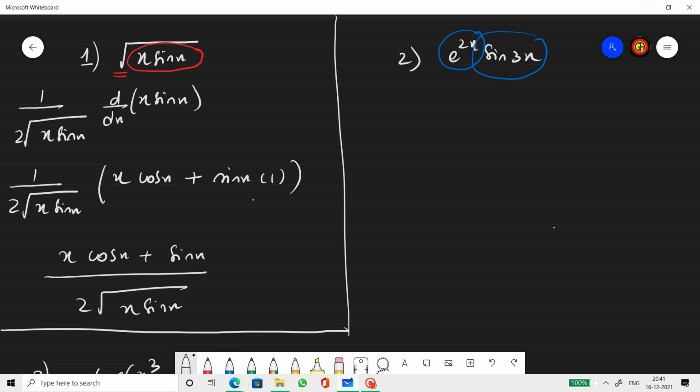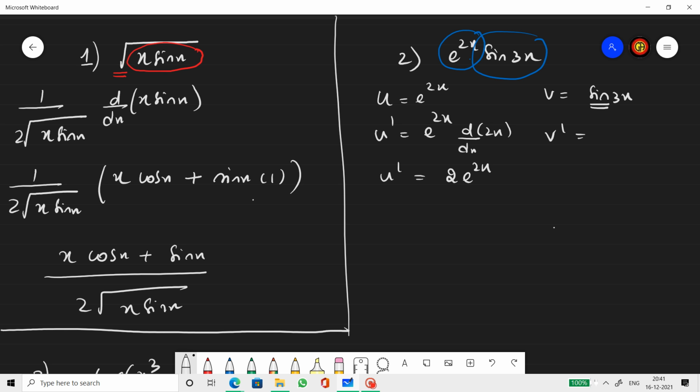So u is e to the power of 2x. U dash will be e to the power of 2x into the differentiation of 2x. So u dash is 2e to the power of 2x. V is sine 3x. So v dash will be main function differentiation, which is cos 3x into the differentiation of 3x.